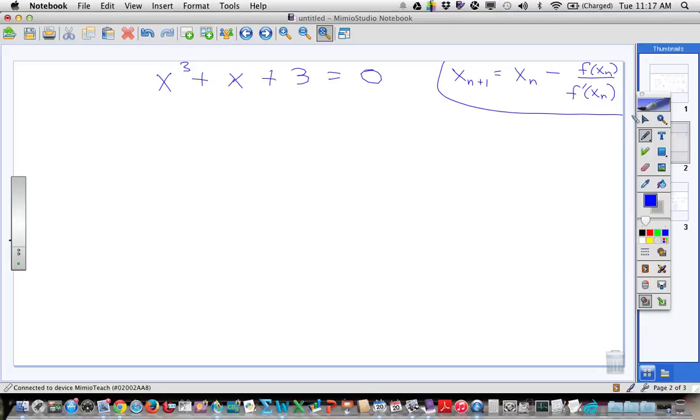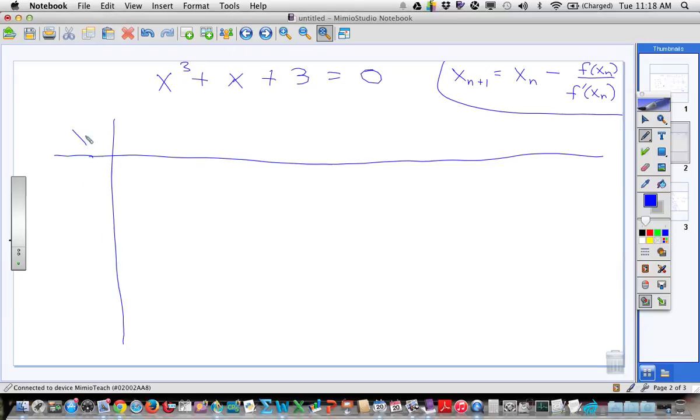All right, here's what this is going to look like. So we're going to make ourselves a table. First entry in the table is going to be x sub n. The second entry of the table is going to be f of x sub n. The next entry in the table is going to be f prime of x sub n.